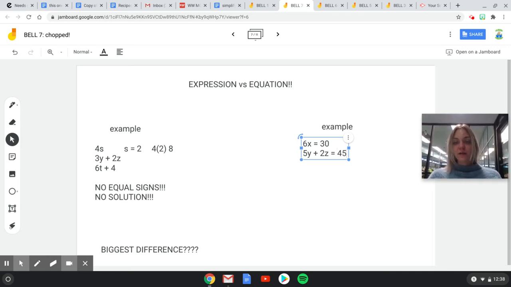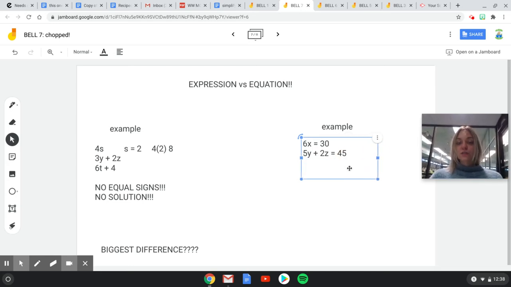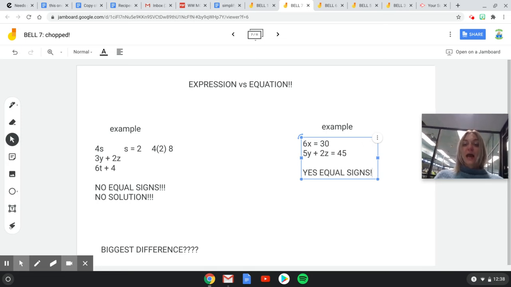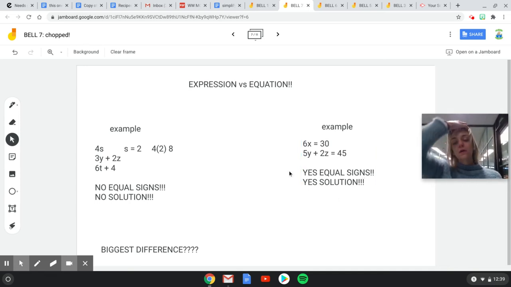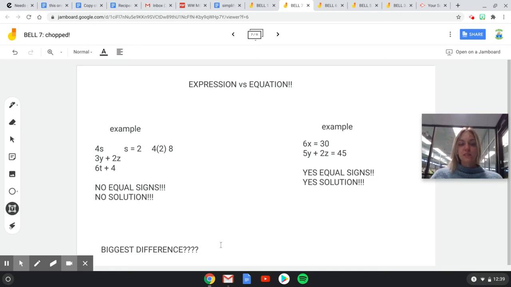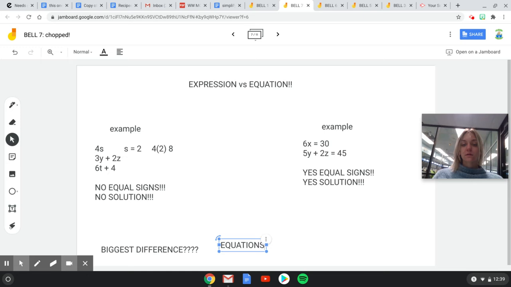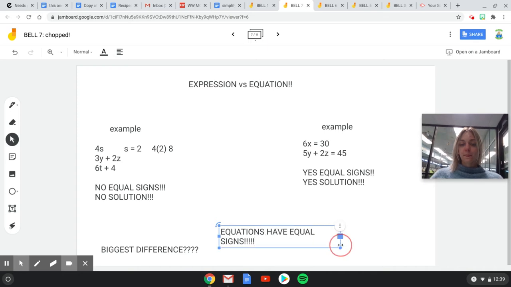You don't have to solve these, but what I want you to take away is that equations do have equal signs, and you are solving. There is a solution. So the biggest difference between expressions and equations is that equations have equal signs, which means you can solve for them.